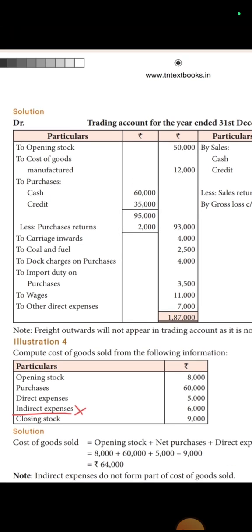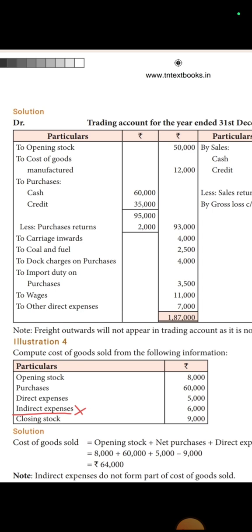As per the trading account formula, we have to add it now. So the cost of goods sold: opening stock, how much? 80,000 rupees, plus purchases 60,000 rupees, plus direct expenses 5,000 rupees, minus closing stock 9,000 rupees.